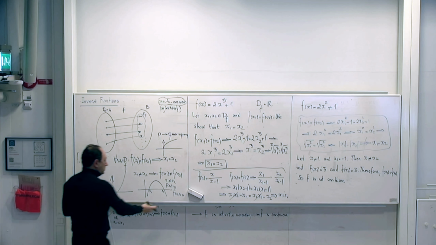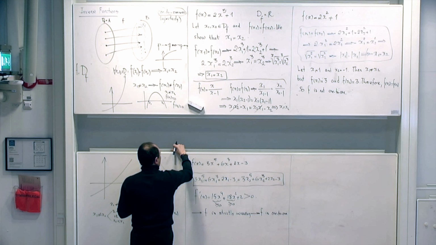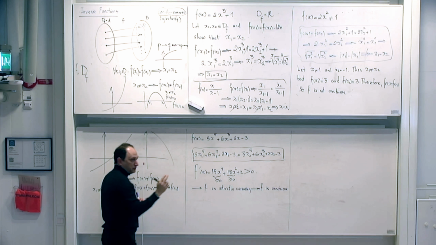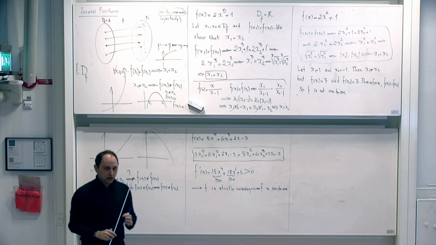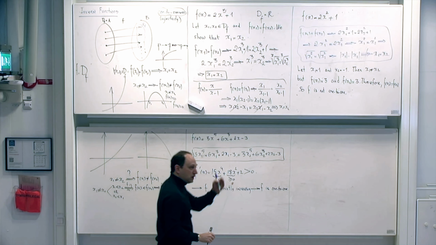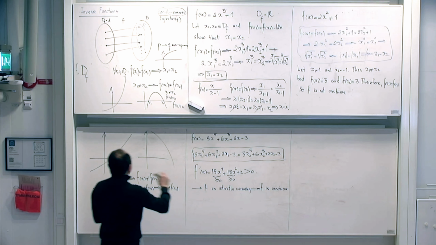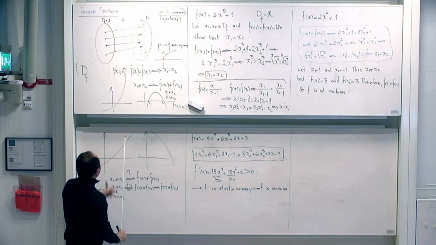Now I want to define what I mean by the inverse function. So I introduce a new function. If I want to tell you what a function is, I have to tell you two things: the domain of that function, and the rule of that function, the rule of assignment. I just want you to see if you can understand it yourself.